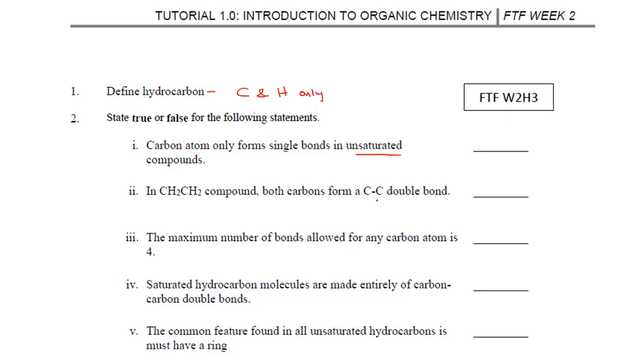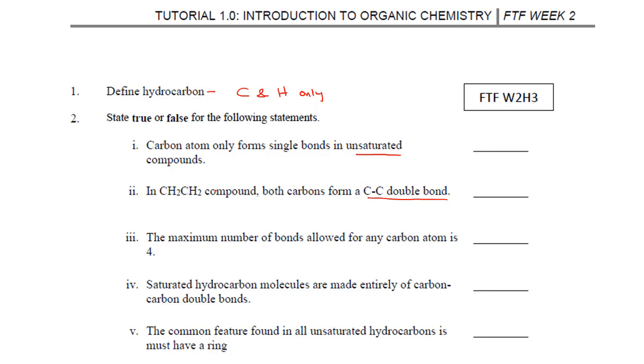And next, in a CH2 compound, both carbons form a carbon-carbon double bond. So what you can do is you can try to work out the general formula of the compound. For example, you have 2 carbons and 4 hydrogens, so the general formula for the compound should be CnH2n.